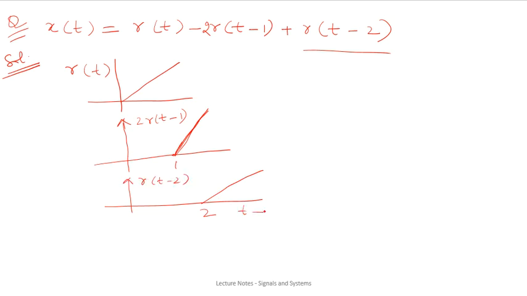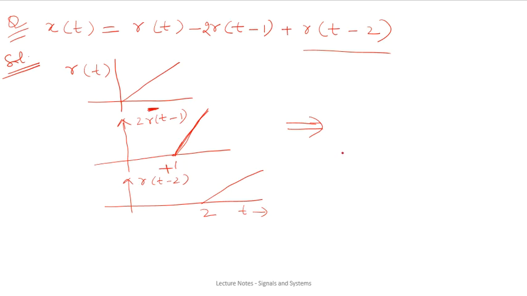Now these type of problems simply reduce to simple addition and subtraction type of problems, because you have to subtract this second signal from the first signal and then add the resultant to the final signal.